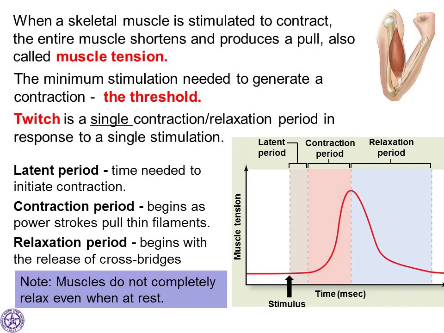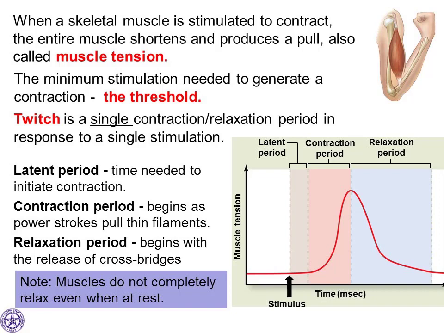And so we mentioned as we generate a contraction, as we accomplish work, we are going to recruit the smallest motor units first. Now, somebody just explain to me, very simply put, what is a motor unit? What's a motor unit when we talk about muscle? Well, we know it's going to be muscle cells.